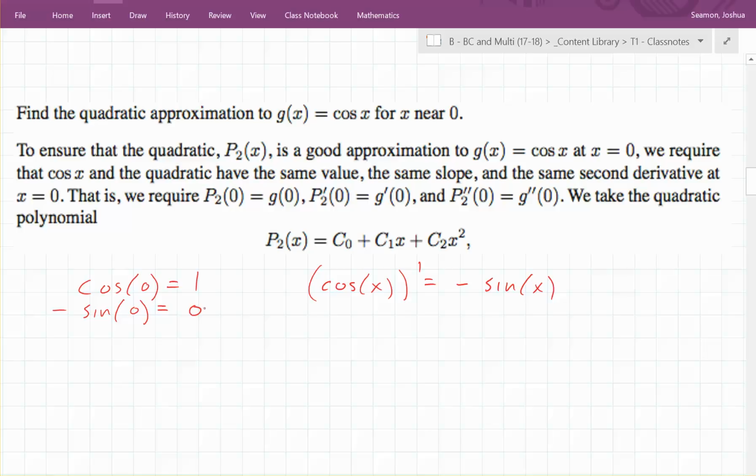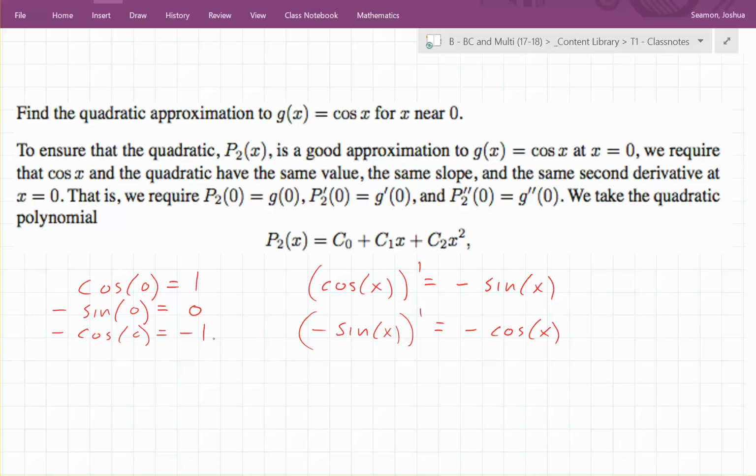And what about the derivative of negative sine? Negative cosine of x, is that correct? Is everybody with me so far? Good. So the negative cosine of 0 is what? Negative 1.